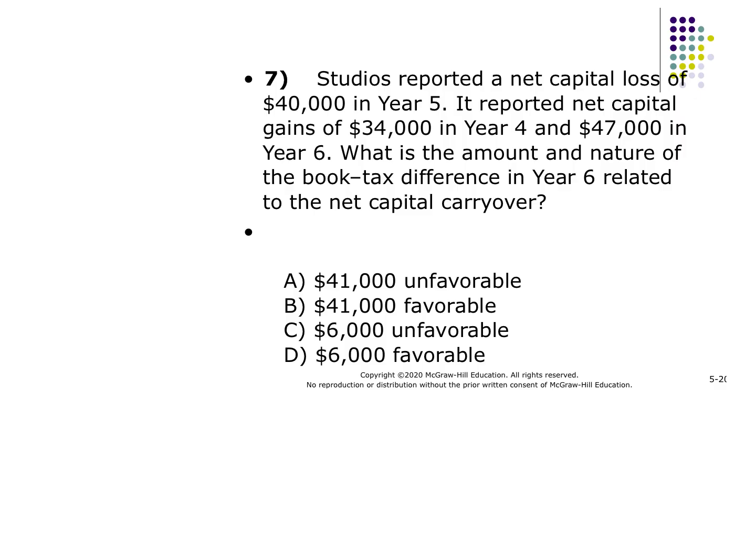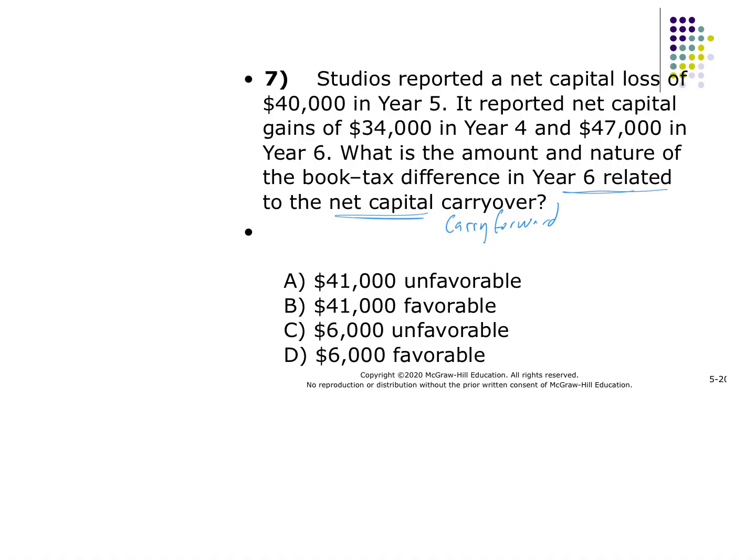What is the amount and nature of the book tax difference in year 6 related to the net capital carryover? So remember, carryover is the same as carry forward. All right, so we are only concerned with the year 6 and only the amount related to the net capital carryover.